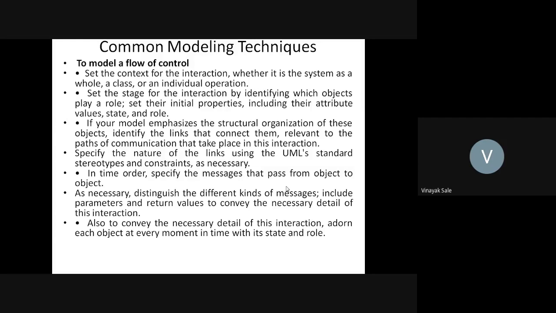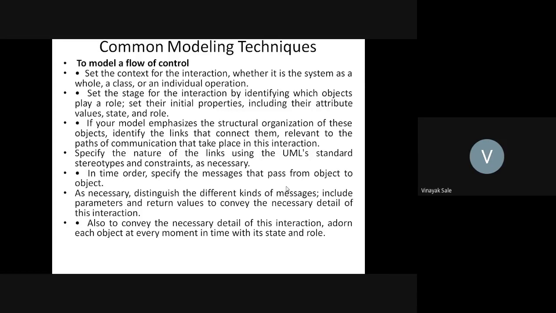Set their initial properties, including their attribute values, state, and role. If your model emphasizes the structural organization of the objects, identify the links that connect them, relevant to the paths of communication that take place in this interaction.